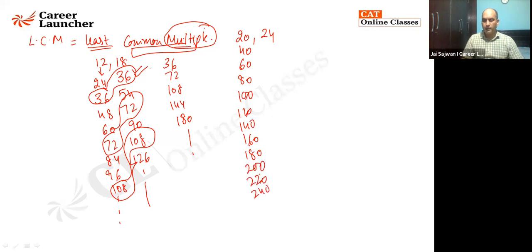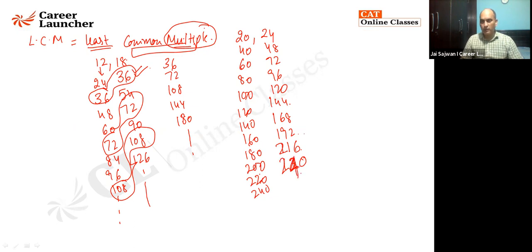Now for 24, 2s are 48, 3s are 72, 4s are 96, 5s are 120, then it is 144, then 168, then 192, and then finally 216, and then it is coming out to be 240 here. These are the values which are coming out.